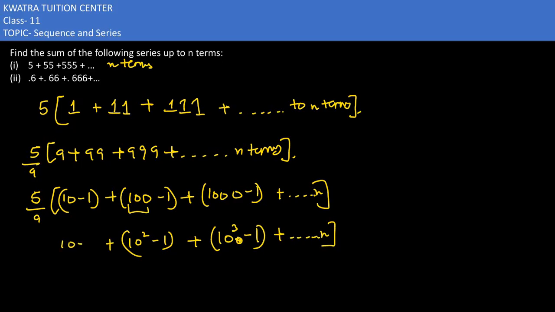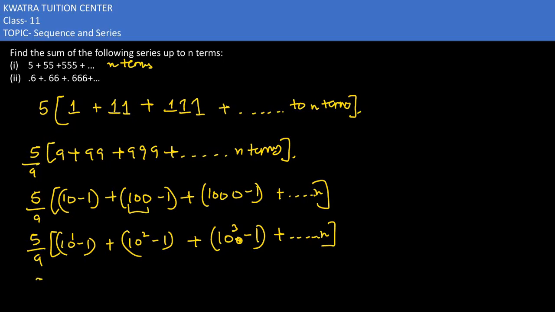And you would have 10 minus 1 as the first one, because 10 to the power 1 is there. Now try to understand this part. I need to take 10 common out of it. 10, 10 square, 10 cube, they are actually in plus summation. Whereas minus 1 कितनी बार repeat होंगे हमारे पास? That's n times.